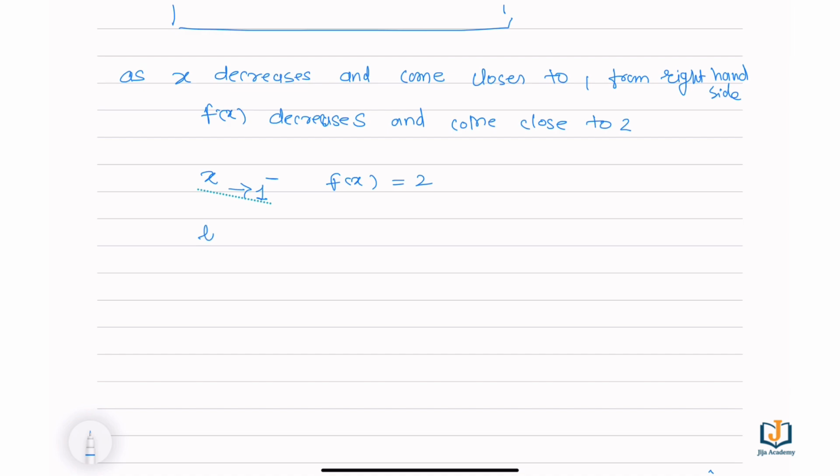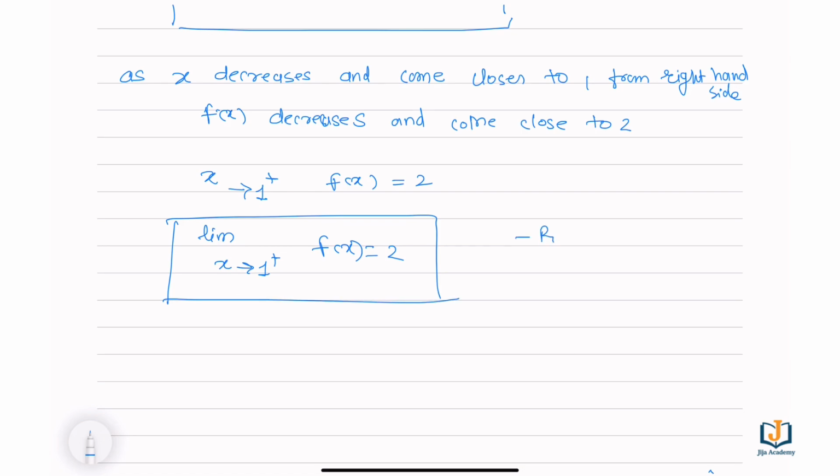In notation form, limit x tends to 1 plus from the right hand side, f of x is equal to 2. This is the right hand side limit.